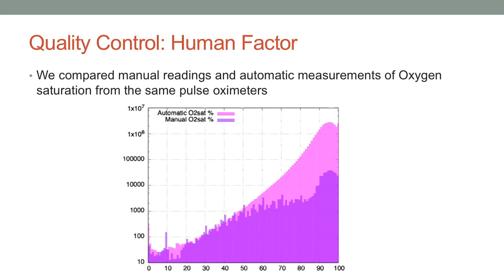At 10, 20, 30, we have peaks, which tells me that we humans, when we see 49 in the oximeter, we don't write down 49, we write 50. So we are rounding. Also, you see that the curve is shifted to the left, meaning that we have more low saturations in the manual recordings, meaning that when there's something wrong with the baby, the nurses will write down the saturation. So if we would be trusting solely on the manual data, we would be getting a misleading picture.